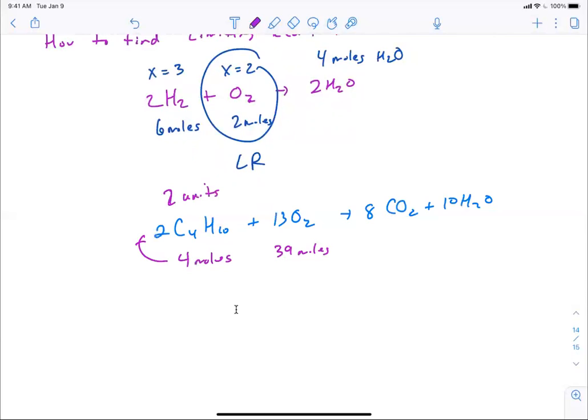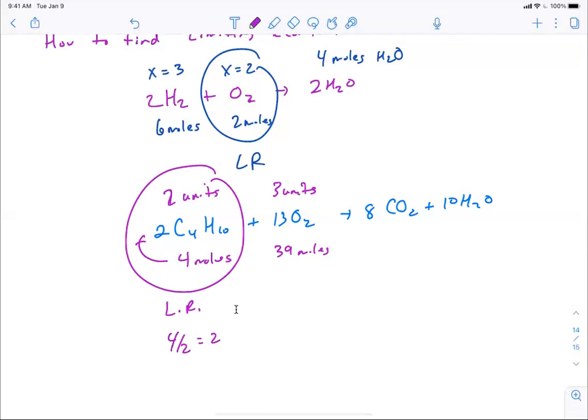And here you can make 3 units times their coefficients. So therefore, this is your limiting reactant, and that will dictate your products. I find the easiest way is to solve for the moles of each reactant and divide by their coefficient. Whichever one makes a smaller number. So this is 4 divided by 2 is 2, and this is 39 divided by 13 is 3.